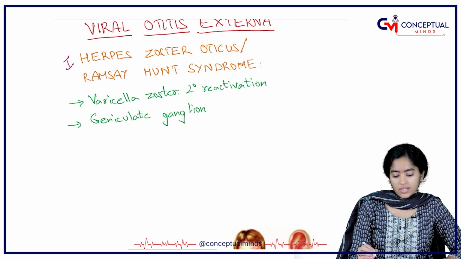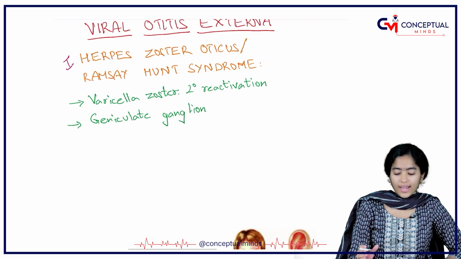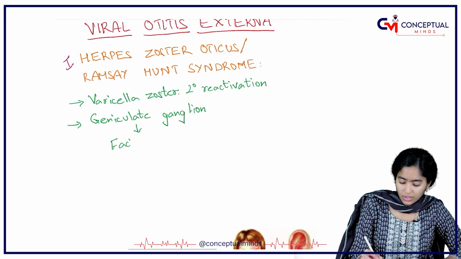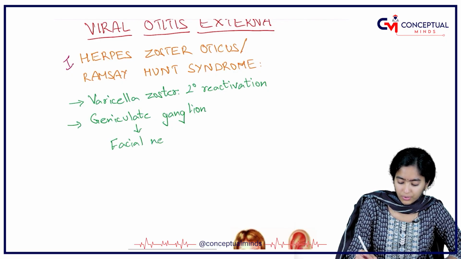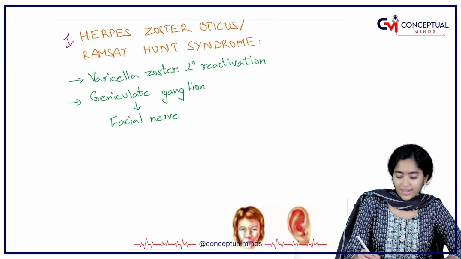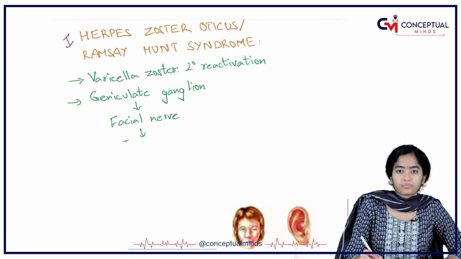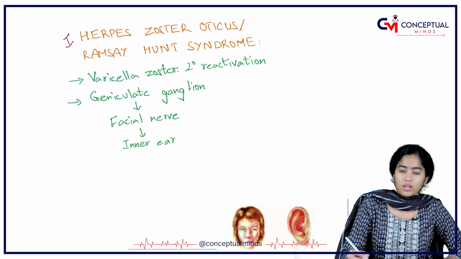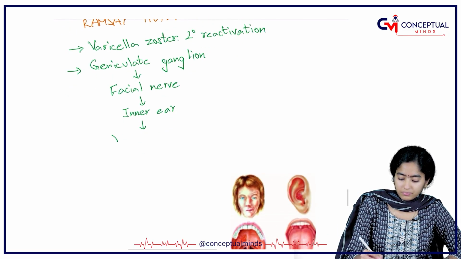So first it is in the geniculate ganglion, it gets reactivated and then it travels via the course of the facial nerve. It affects the facial nerve and then it affects the inner ear, spiral and vestibular ganglia.